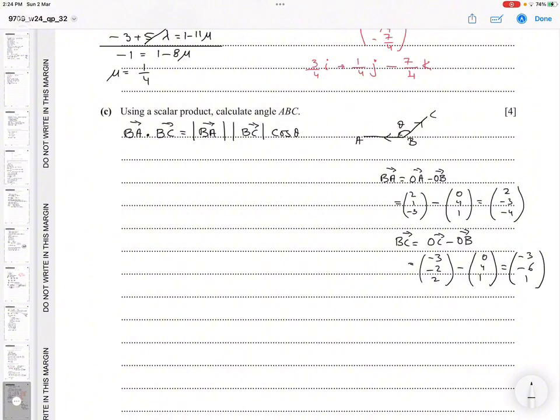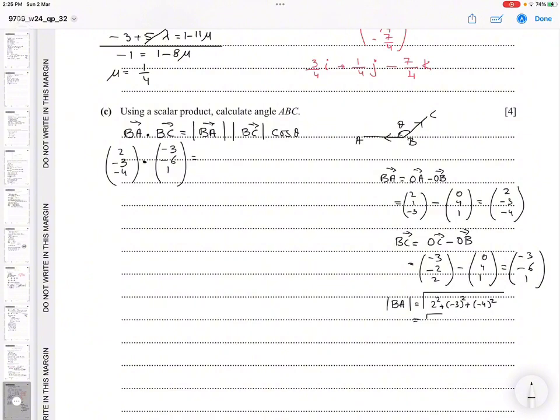So write down these values here in the formula. So your BA is 2, minus 3, minus 4 times your BC is minus 3, minus 6 and 1 equals magnitude of BA times magnitude of BC cos theta. Magnitude of BA is 2 square plus minus 3 square plus minus 4 square whole under root.